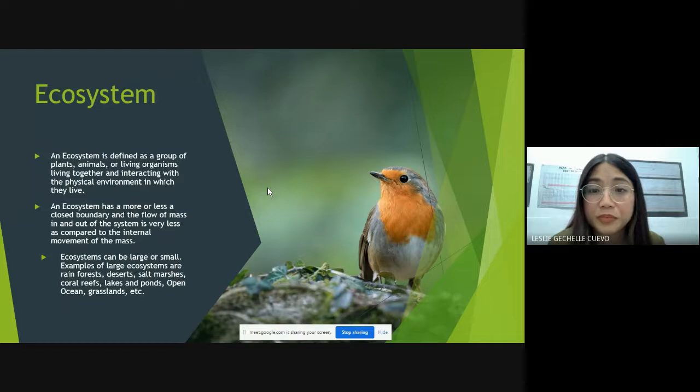And then, ecosystems can be large or small. Examples of large ecosystems are rainforests, deserts, salt marshes, coral reefs, lakes and ponds, open ocean, grasslands, and others. Yun. Kumbaga, yung may sariling buhay nga sila doon. Disyerto. Ayan nga. Lakes and ponds.